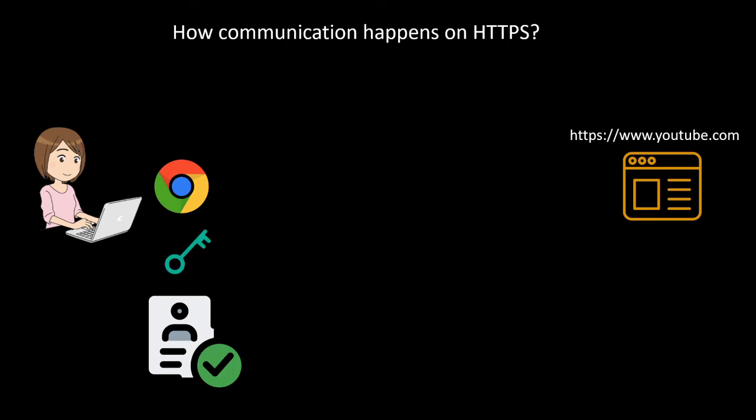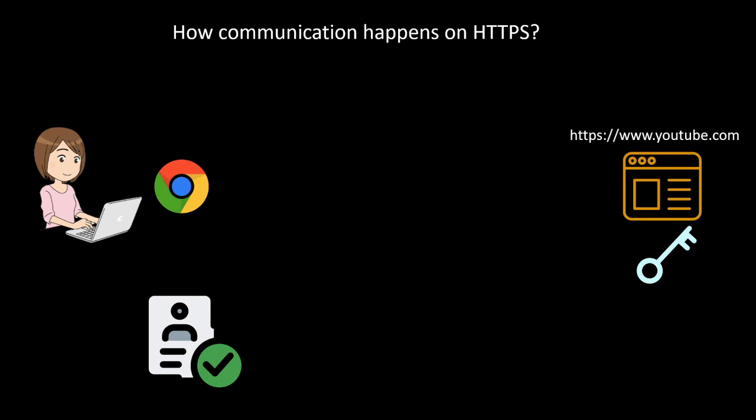Once it is verified, it creates a secret key. This secret key is then sent back to youtube.com. Then youtube.com decrypts it with its private key.